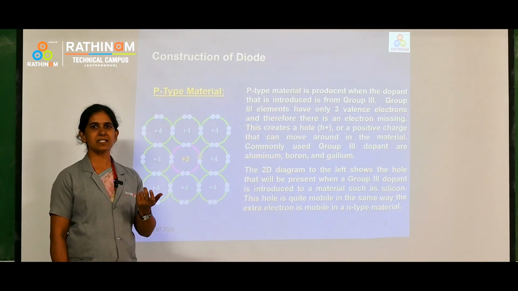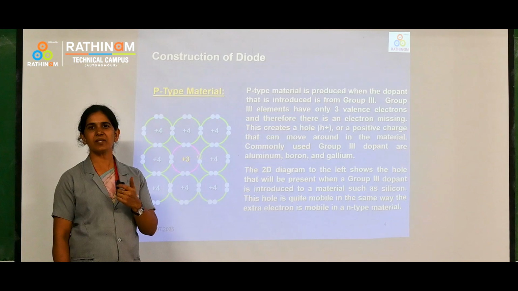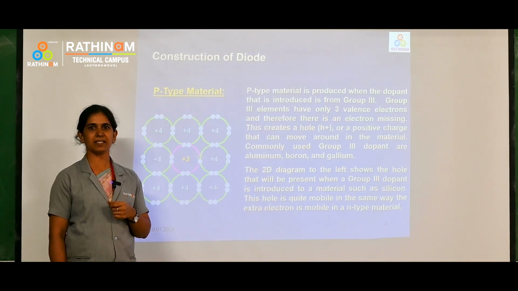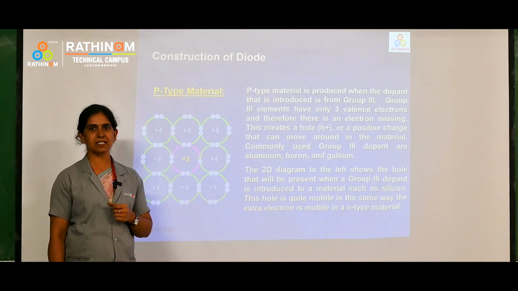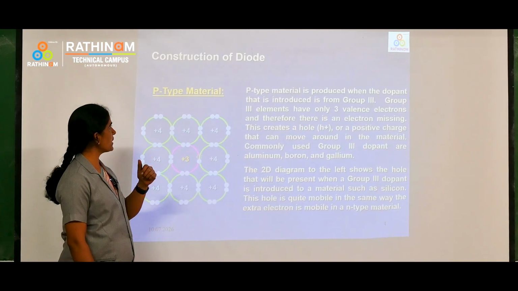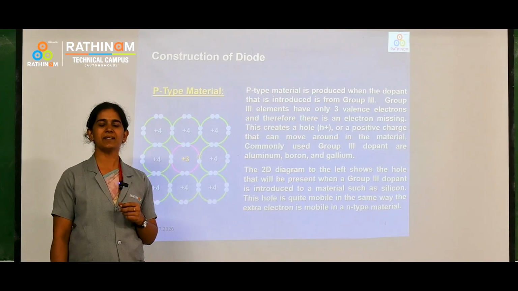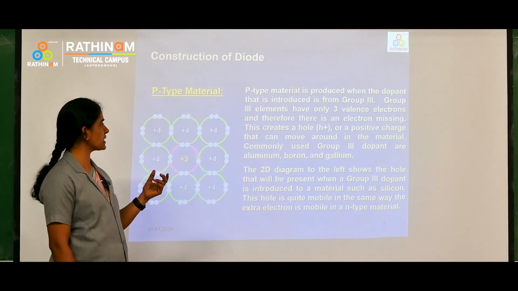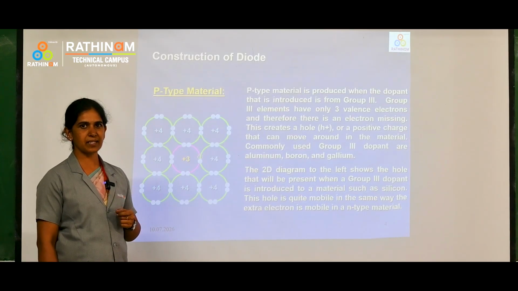Extrinsic semiconductors are manufactured in 2 different ways, by adding trivalent impurities to the intrinsic semiconductor and by adding pentavalent impurities to the intrinsic semiconductor. So how is the p-type semiconductor material formed? It is formed by adding trivalent impurities like boron, aluminum, gallium to the intrinsic semiconductor.